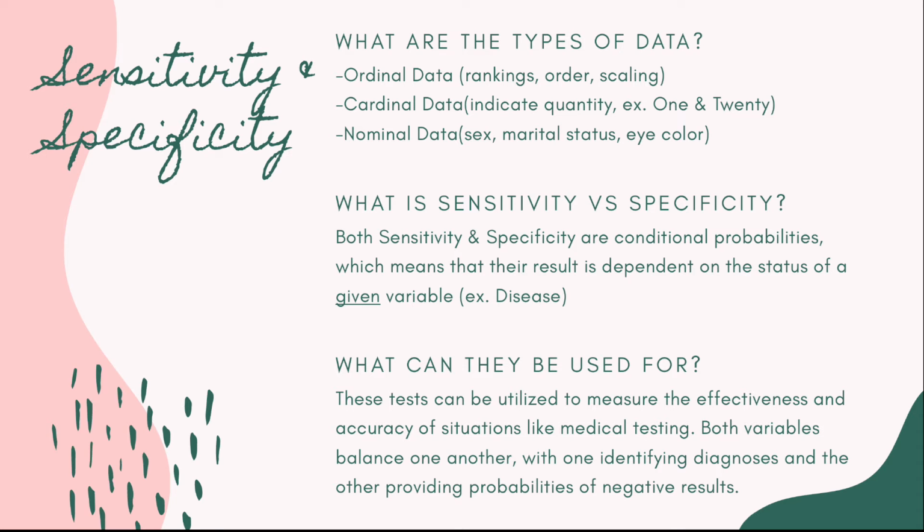Both variables balance one another, which means that by one identifying the diagnosis and another providing probabilities of negative results, they allow each other to balance each other out and allow for a more accurate result.